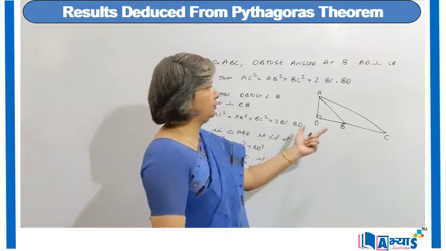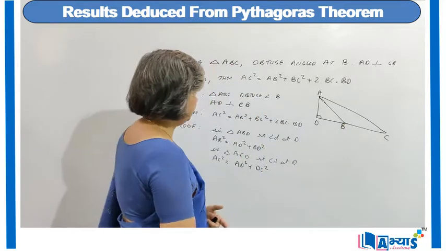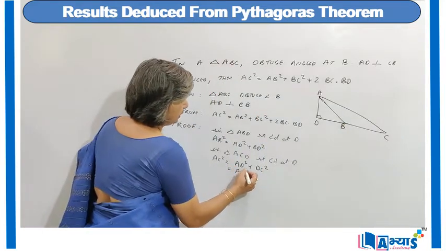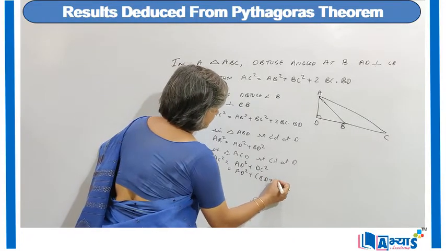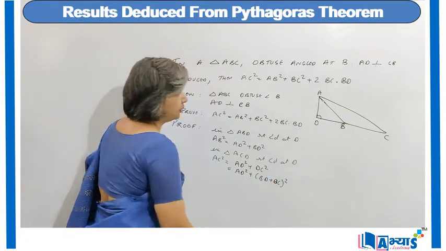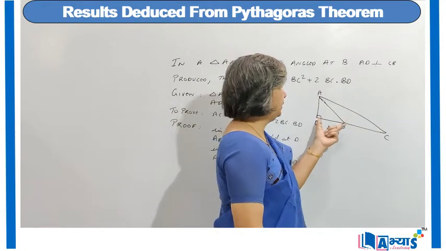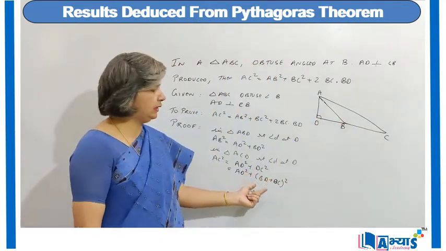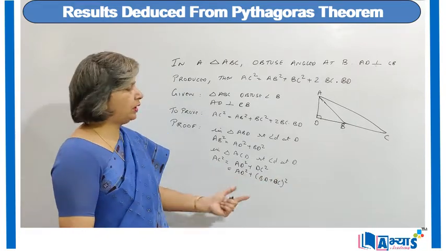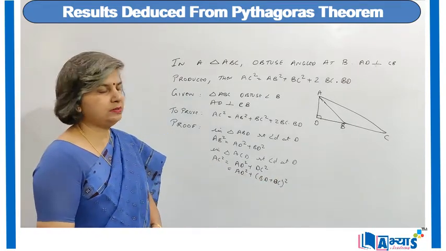Now DC is equal to the sum of BD plus BC. So we can write AD square plus BD plus BC whole square, because we know that DC is equal to BD plus BC. So instead of DC I have written BD plus BC. Now I will apply the identity A plus B whole square.